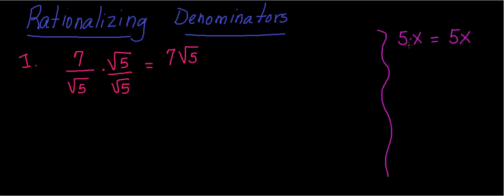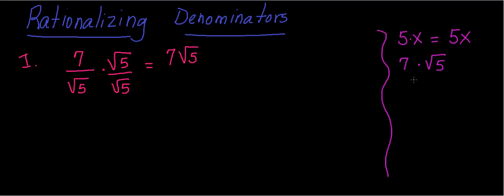Okay? When I have 7 times the square root of 5, let me erase that one second. I wrote the answer. When we have 7 times the square root of 5, that means I have square root of 5, 7 times.